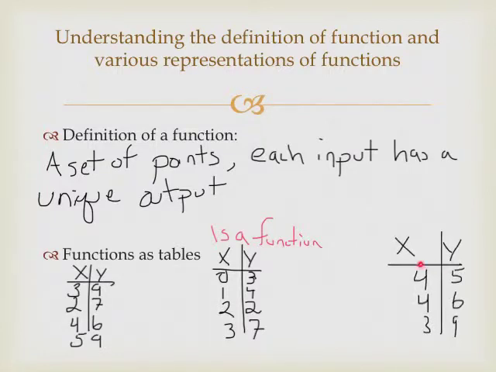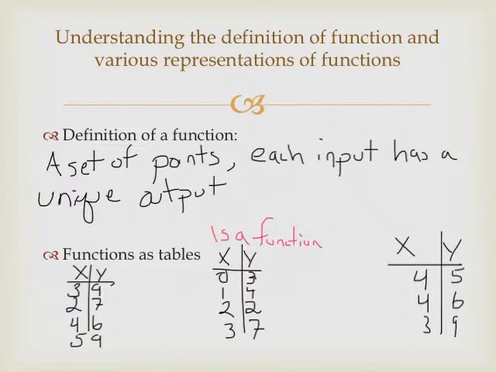So right here, in this case, if I plug in 4, I don't just get 5. I get either 5 or 6. And so at this point, 4 does not have a unique output. Whereas here, 3 has a unique output, and that output is 9. 5 has a unique output, and that output is 9.